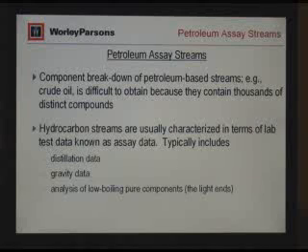And usually they'll include distillation data, and that'll show you the volume percent versus the temperature, and I'll show you that shortly, and the gravity data, and they will try to capture the light ends or the lighter components of that stream, and try to run it through a gas chromatograph or some sort of analytical instrument to tell you what kind of light ends you have in that stream.